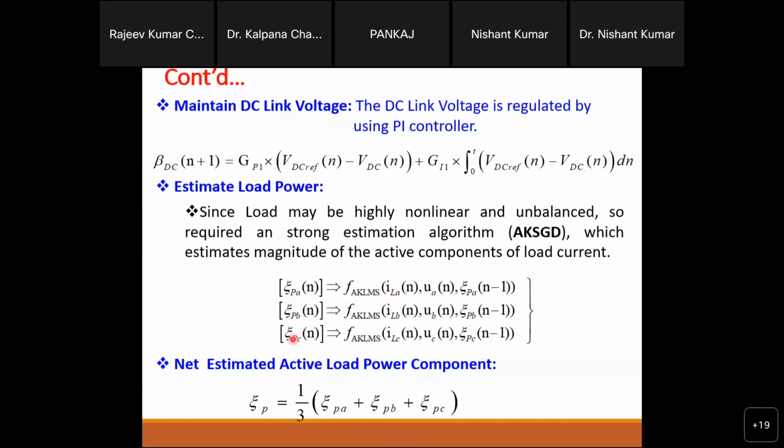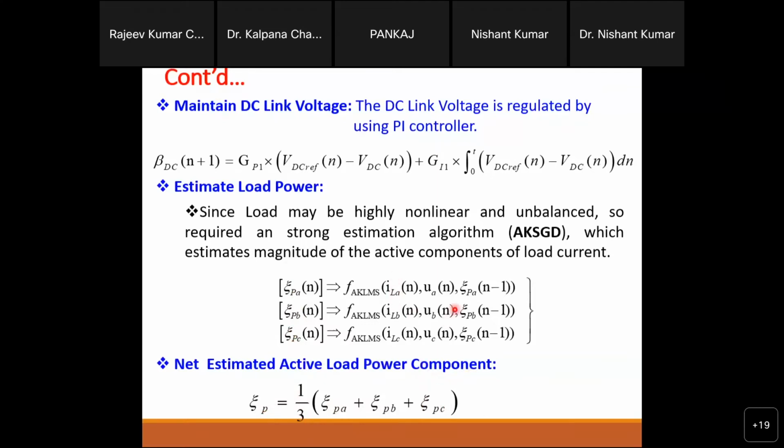These are the three-phase estimated load components. Then finally, the net estimated active load power component is the addition of all these three divided by 3. So we take the average of that. This is our net estimated active power load component, right? So this is the average of all that.